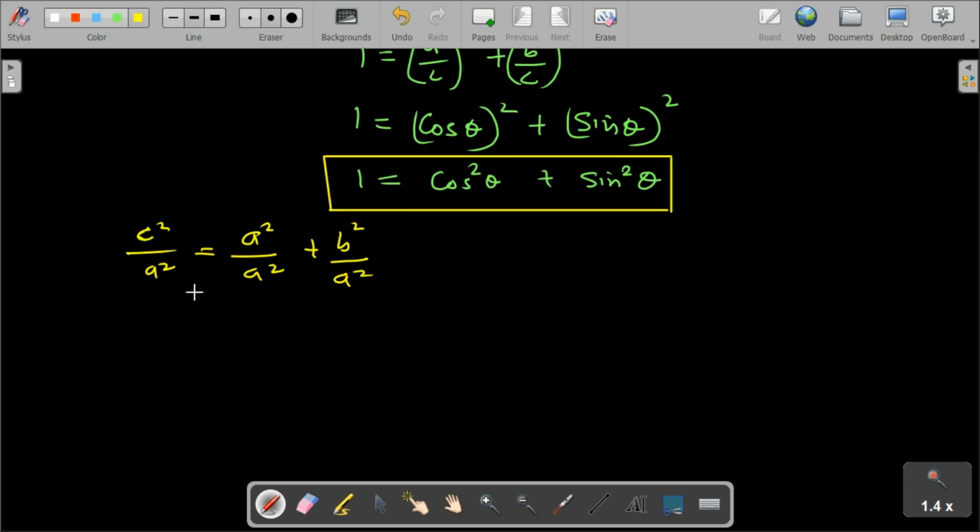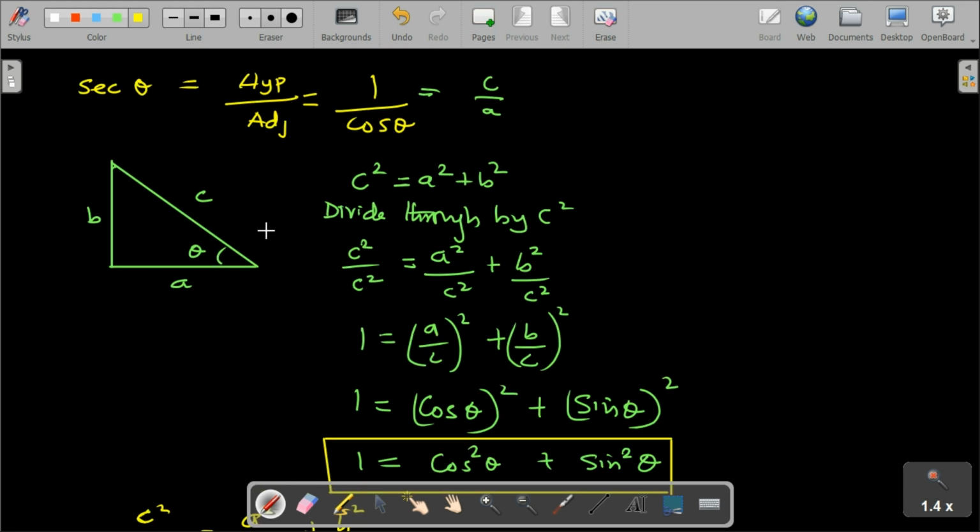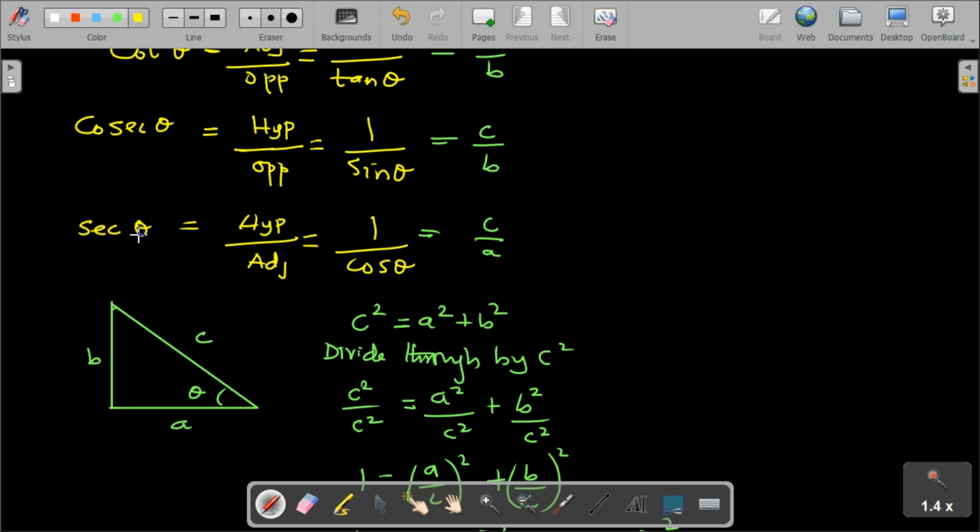Then what does this give us? We can also rewrite this as C over A all squared equals 1 plus B over A all squared. Also previously established, we have obtained what C over A is. C over A is sec theta.